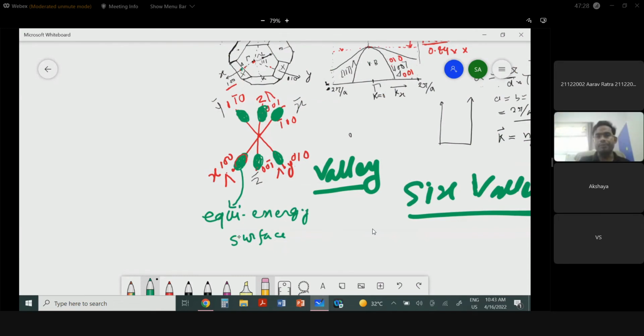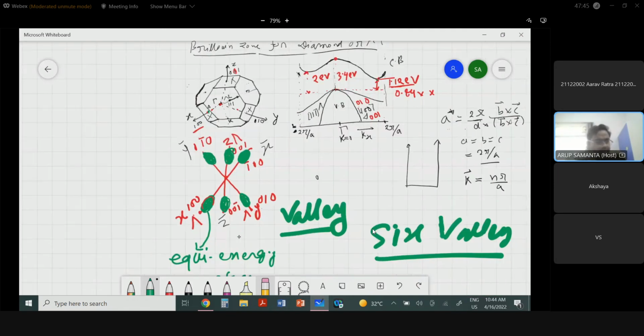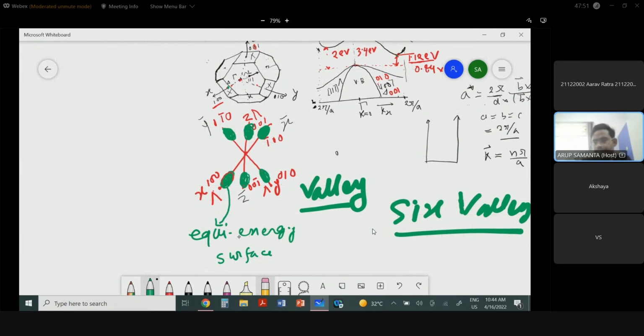In reality, we consider one direction, kx and this L direction, and you can find these types of diagram. If we only consider these 6 minima valleys, for the 6 directions, kx, ky, kz, and their inverse directions meaning the negative side, you can find these 6 valleys.